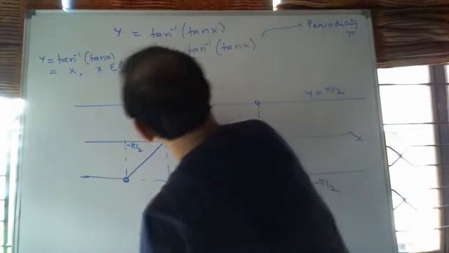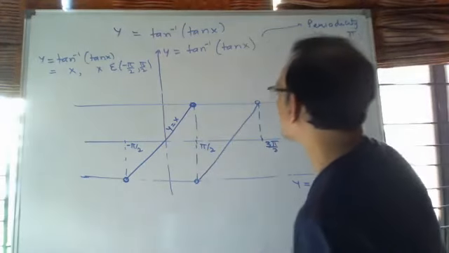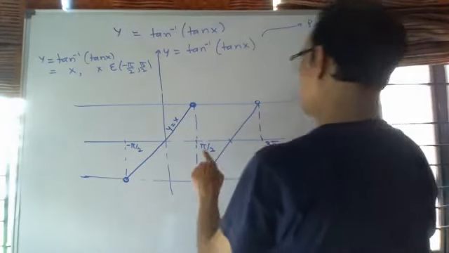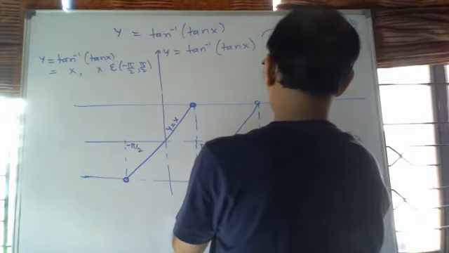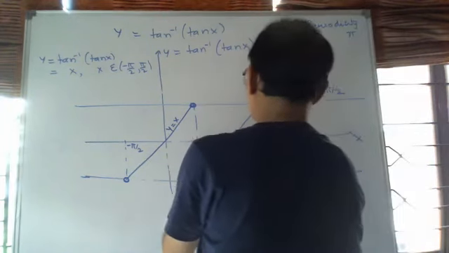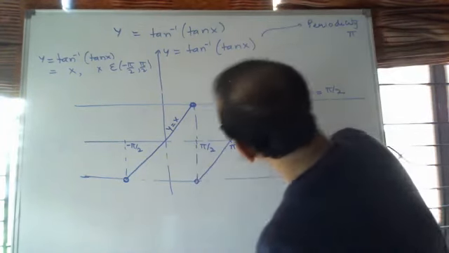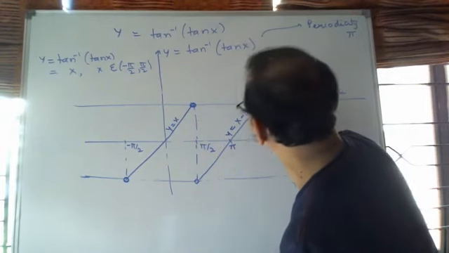This is the line y equal to x, and this line will be parallel to y equal to x, and in the middle this is 2 pi. So this is pi, where the value is 0, right? And this will be a line parallel to y equal to x but passing through pi, so y equal to x minus pi.